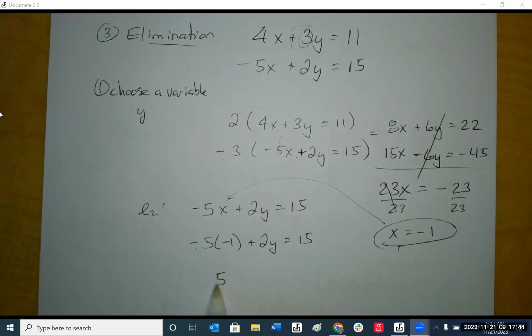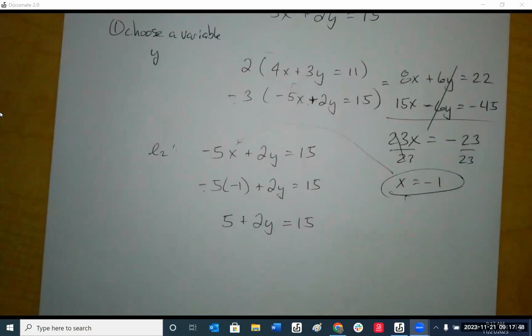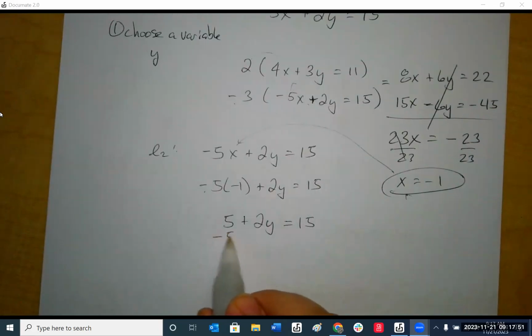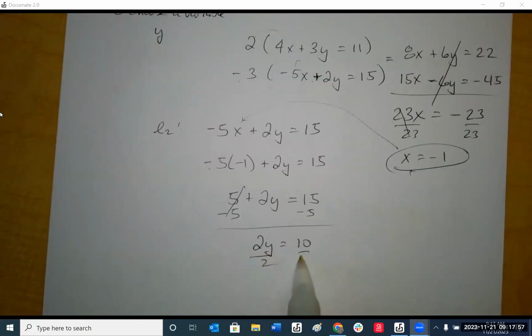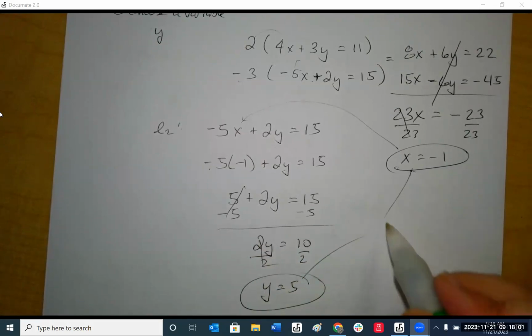Negative, negative makes it positive. Subtract 5. And divide by 2. My solution is there.